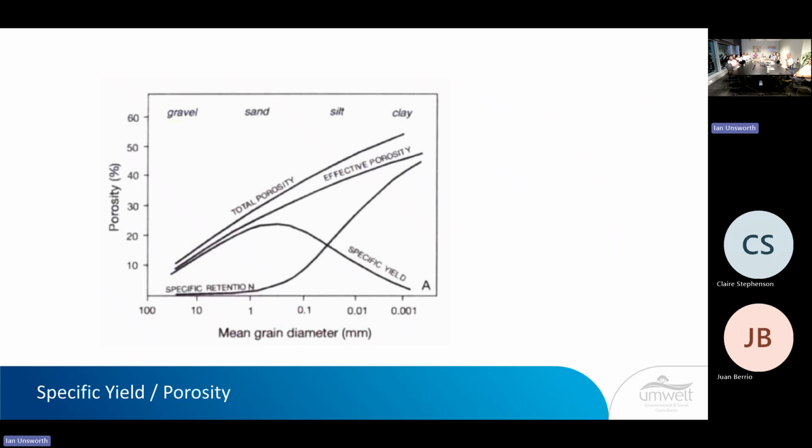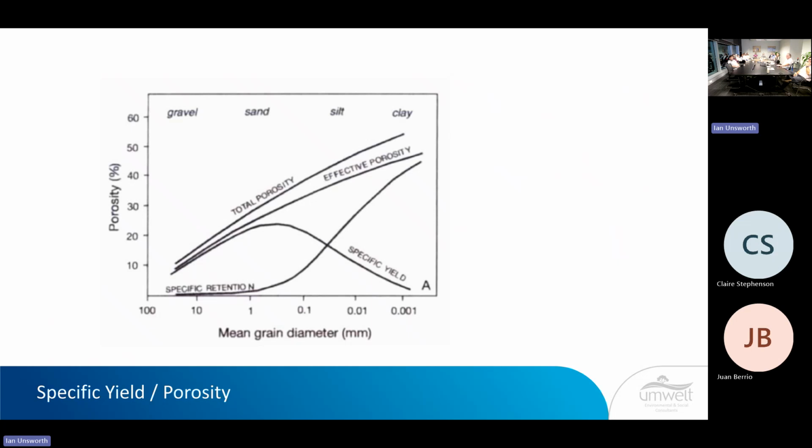So specific yield is effectively what you can get out. It's interesting. JORC would allow you to report total porosity at one point. When I first got involved in this, they didn't have a comment on specific yield. They would just allow you to report total porosity as a resource. Whereas the Canadian NI 43-101, which I'm more familiar with, specifically mentions specific yield, so that's the one I've been using.